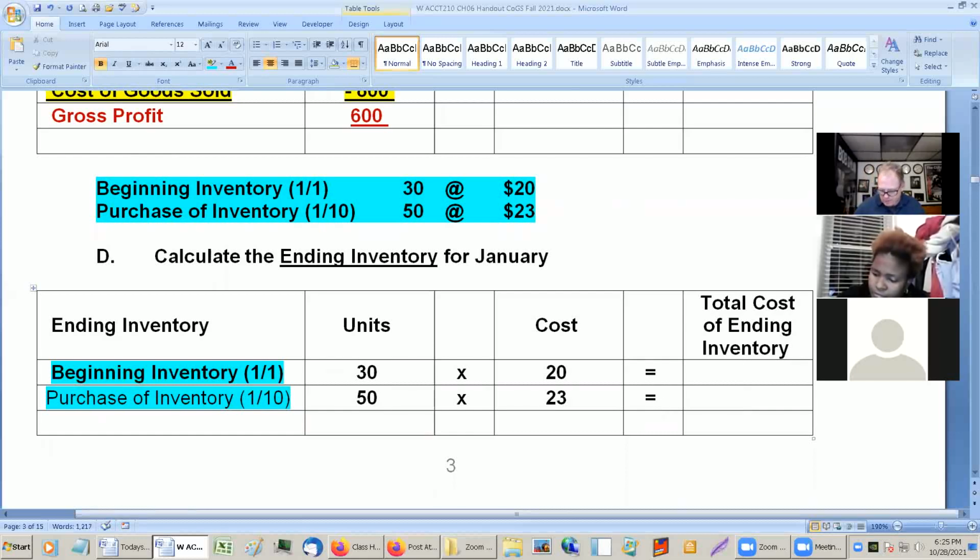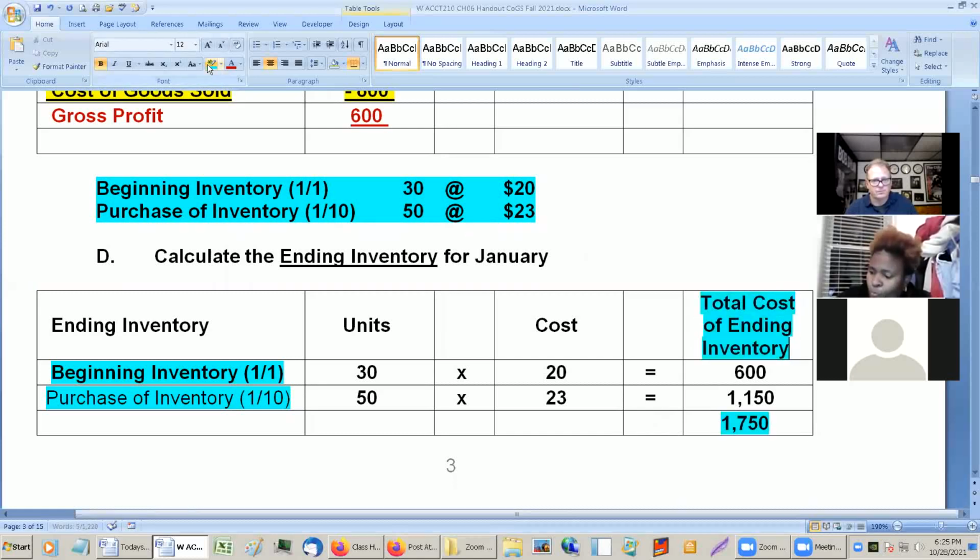Okay, 600. 50 times 23, I should be able to do, but 1,150. Yep. So this will be our total, 1,750.